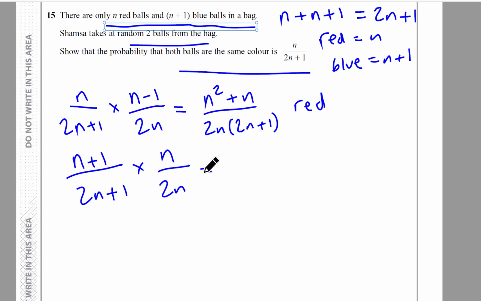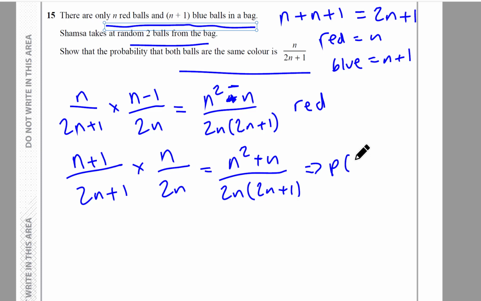So this time, oh sorry, this is going to be minus n. So here we're going to get n squared plus n divided by 2n and 2n plus 1, and that's the probability of P blue blue. Let's write P red red here.